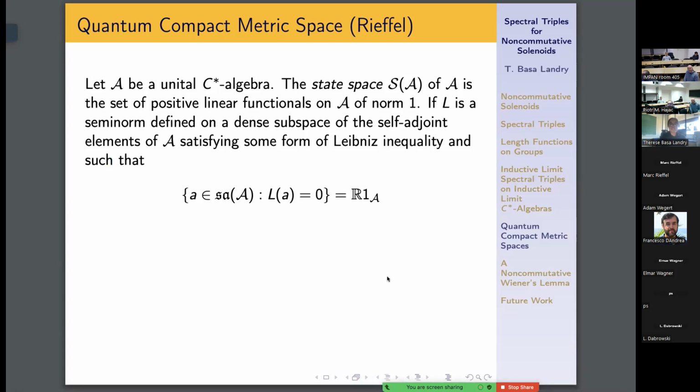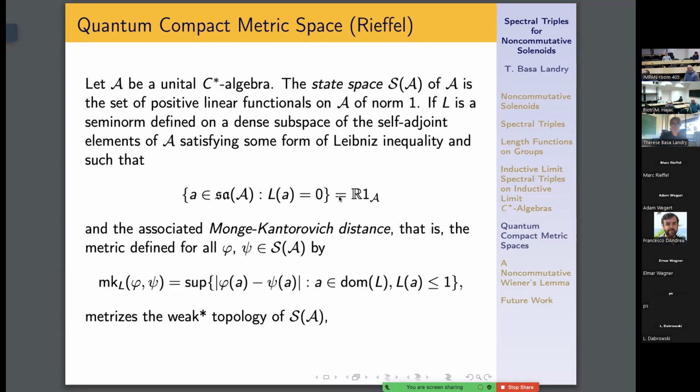It satisfies some kind of Leibniz inequality, and it vanishes on scalar multiples of the identity. The associated Monge-Kantorovich metric on the state space metrizes the weak-star topology on the state space. When a seminorm exhibits those properties with respect to a unital C-star algebra, then the pairing together defines a quantum compact metric space.